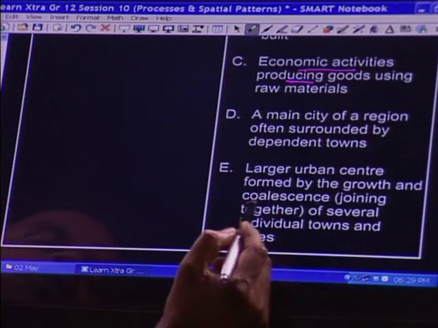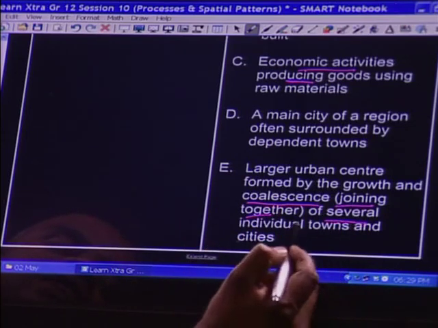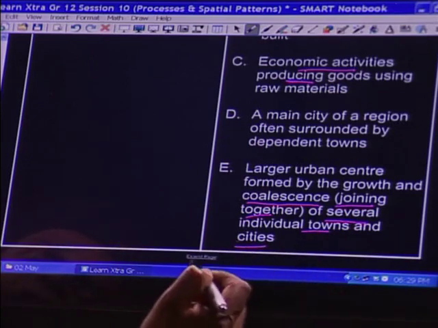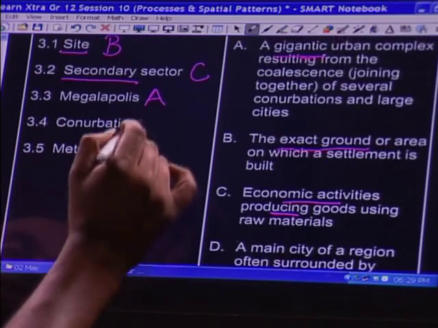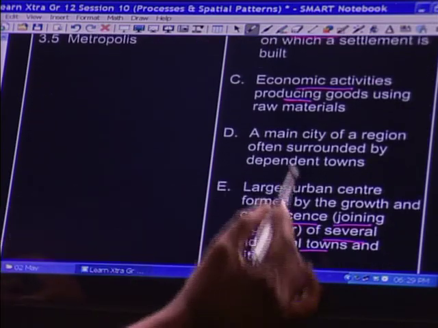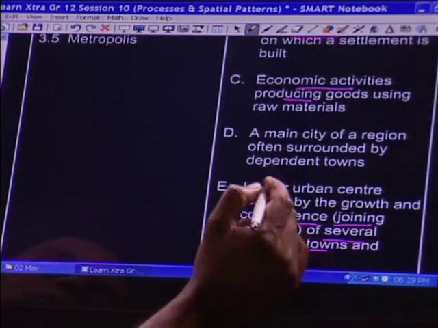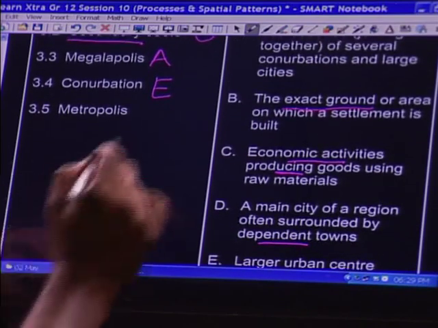The keyword for conurbation is coalescence or joining together of several individual towns and cities. In this example, conurbation would be associated with the definition given by E. And therefore, the last one, the main city of a region often surrounded by dependent towns, back to your settlement hierarchy, is D.